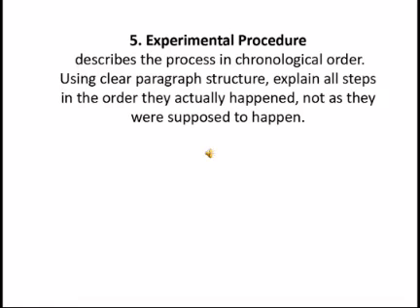The fifth part of an experimental report is the experimental procedure. In this part, you will use clear paragraphs in order to describe the process your experiment passed through in chronological order. I'm going to give you an example. If your professor, for example, says you can simply state that you followed the procedure in the manual.